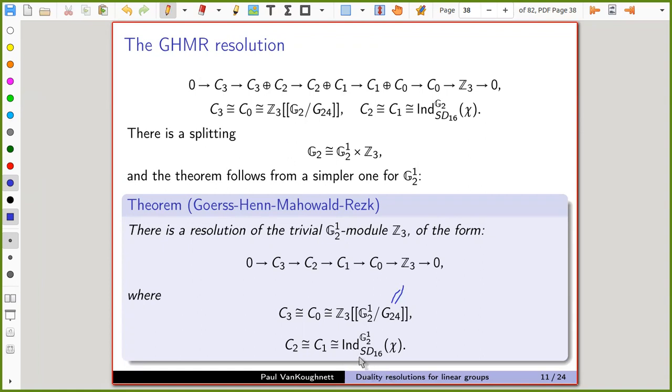Yeah. And here the dihedral group doesn't work because it doesn't have a C3 automorphism. Oh, my bad. Okay. But the other one works.